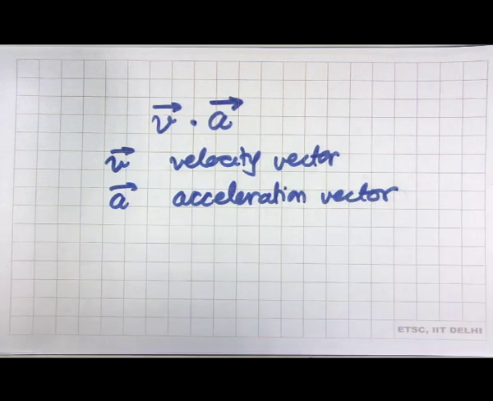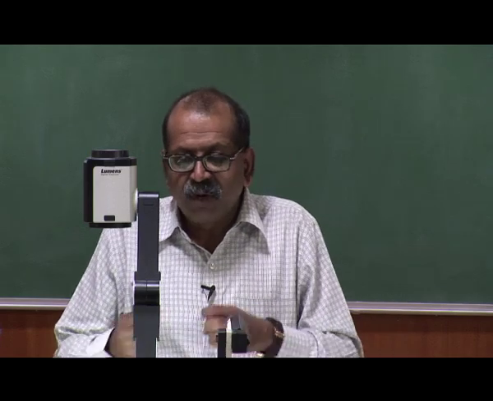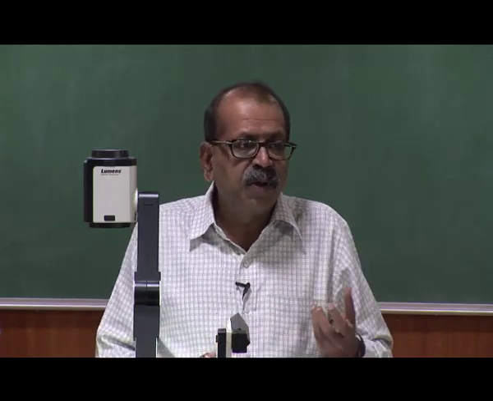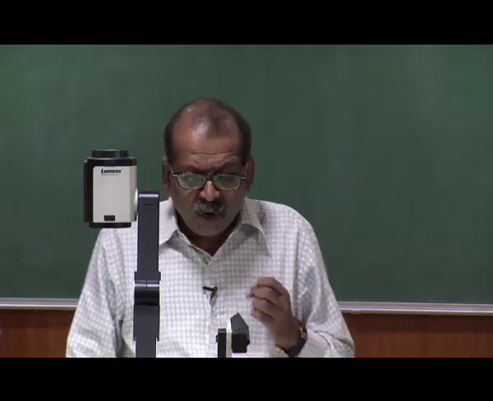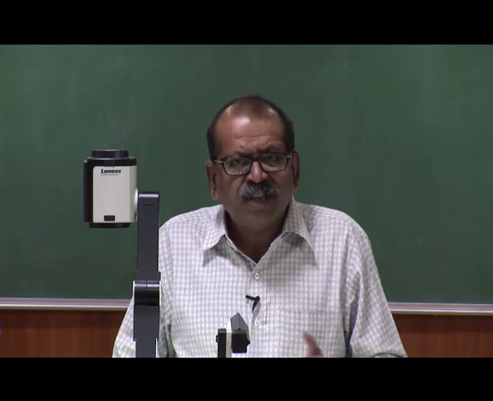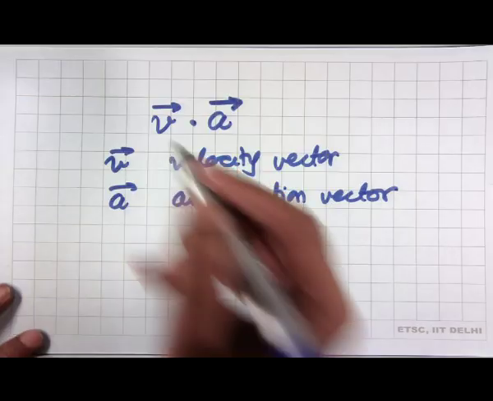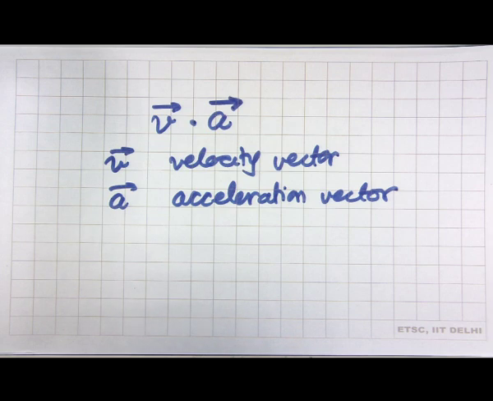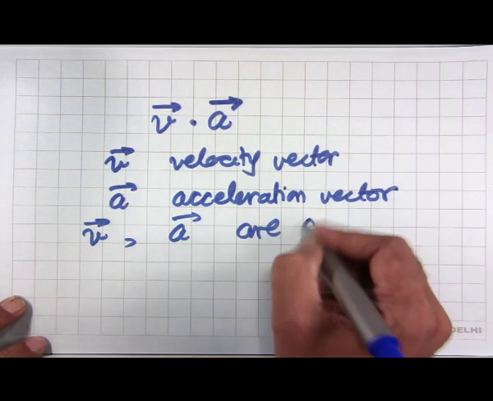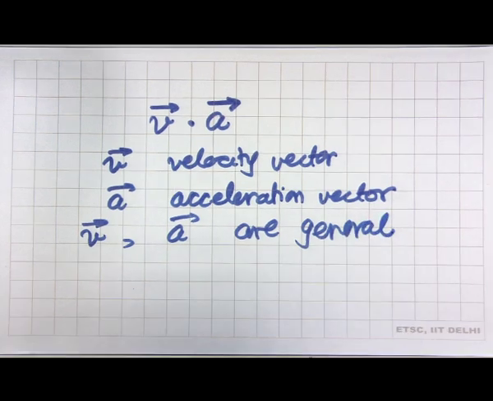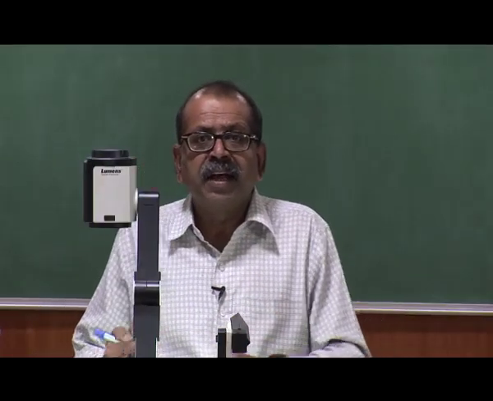Please note that all the formulas which we have been using, like V is equal to initial velocity plus At, or the displacement is equal to V0t plus half At square, are valid only when acceleration is constant. If acceleration is varying, then these formulas are not valid. Now, we are looking at this dot product of two vector quantities V and A, and both are general. That means they are not constant, they could be varying with time, and they could be in any direction.